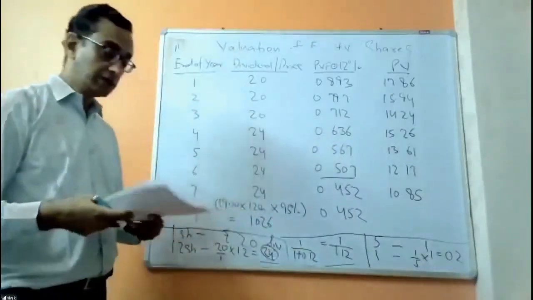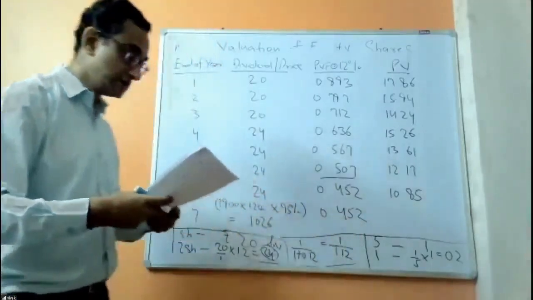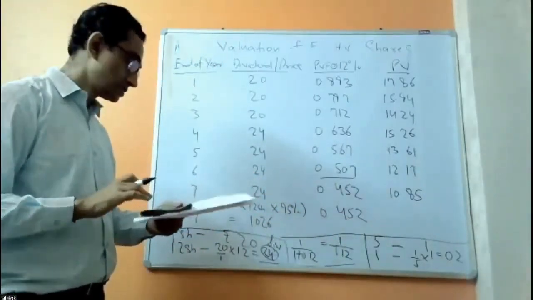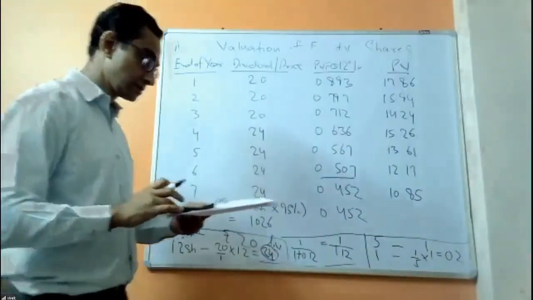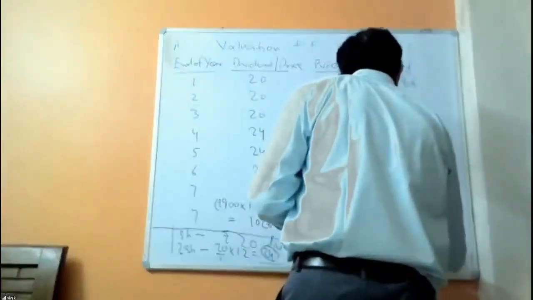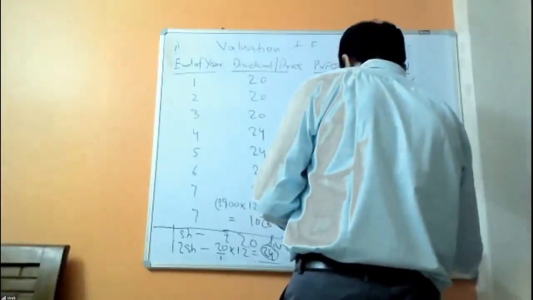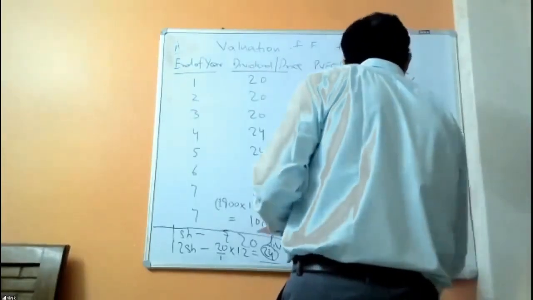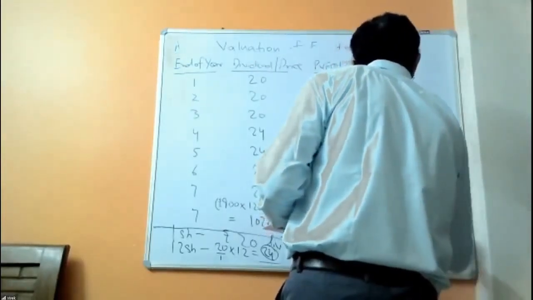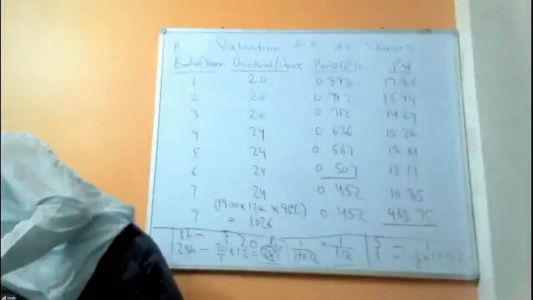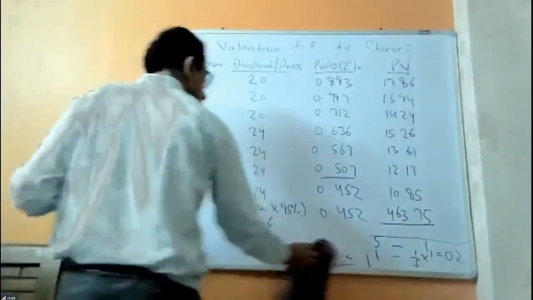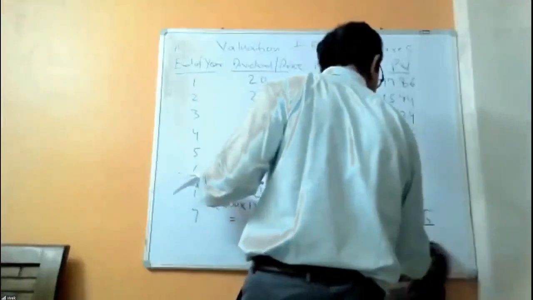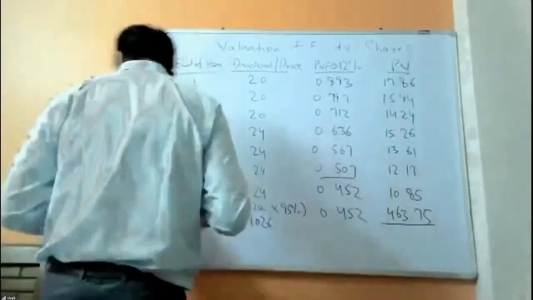So 1026 multiplied by the present value factor of the 7th year in which it is selling the shares is 463.75. So let us add all these figures.